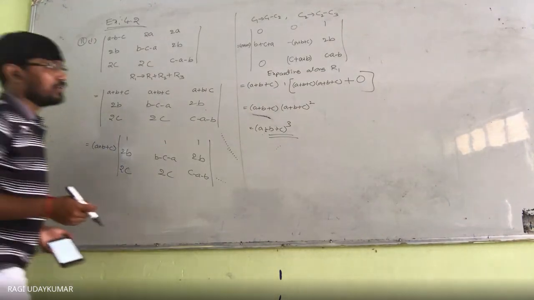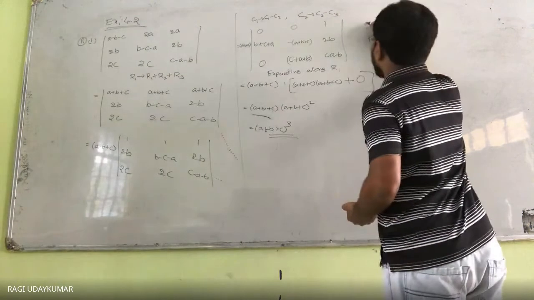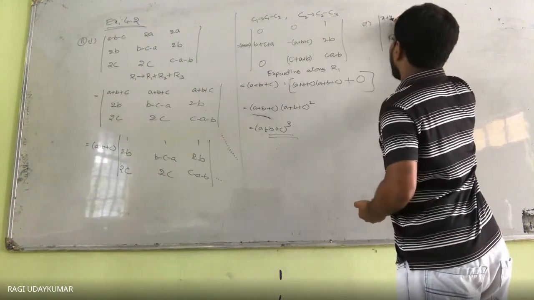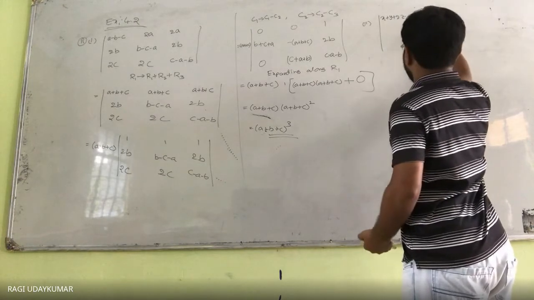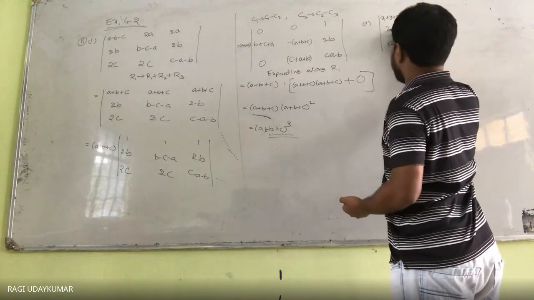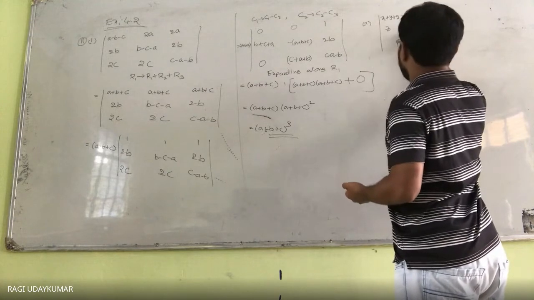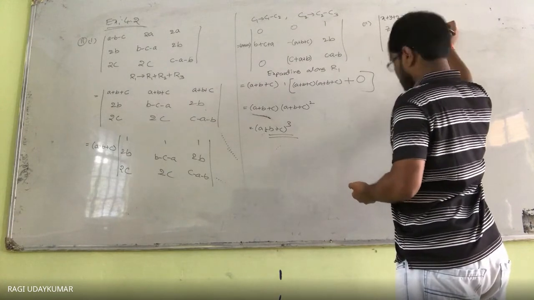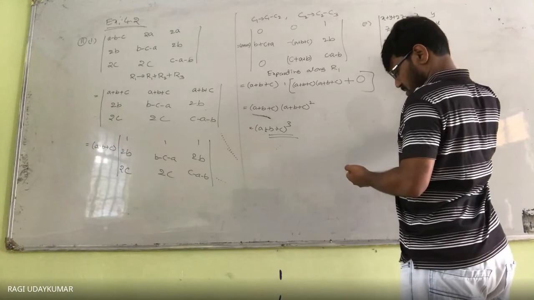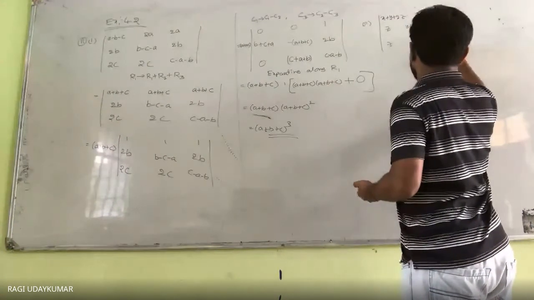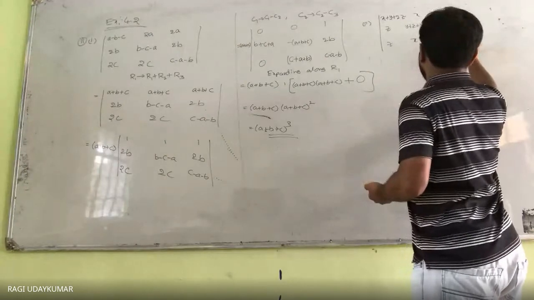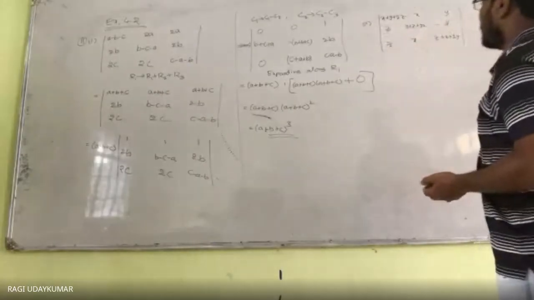The question is given: the second one, x plus y plus 2z, x and y, z, y plus z plus 2x, y, z, x, z plus x plus 2y. Here y and y, here x and x, here z and z.